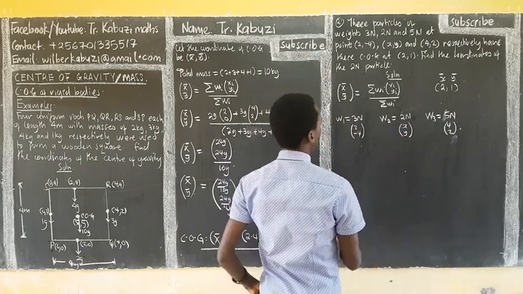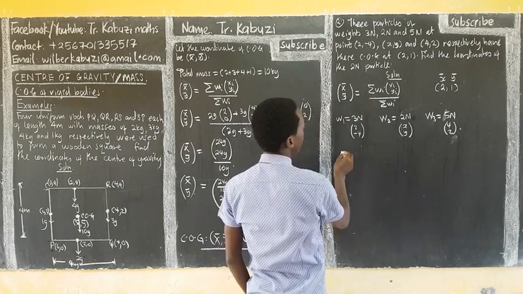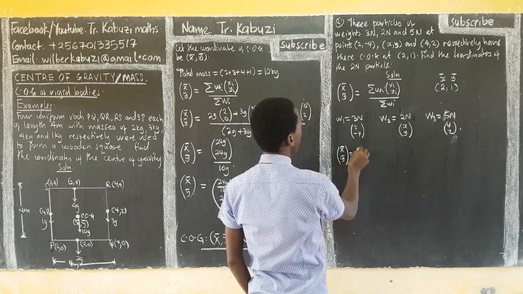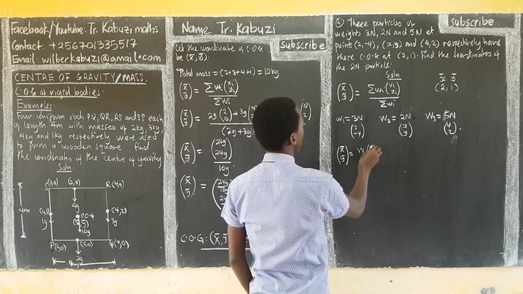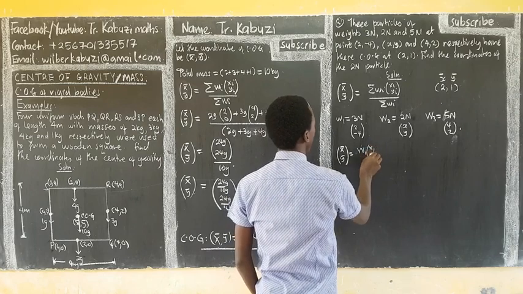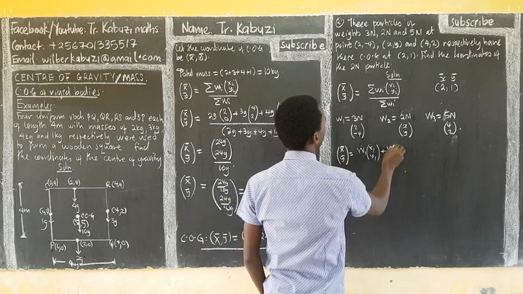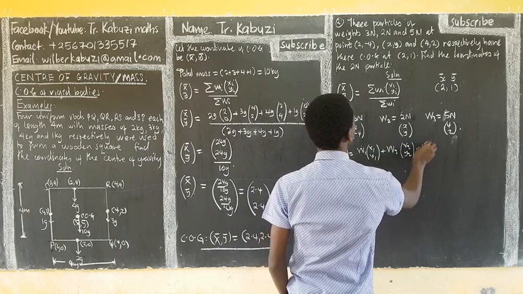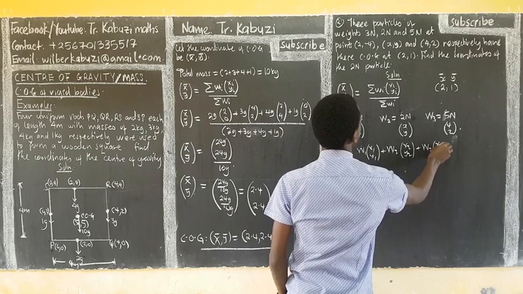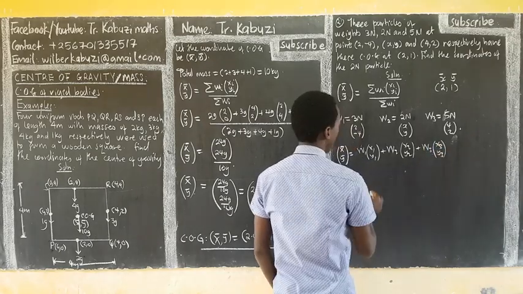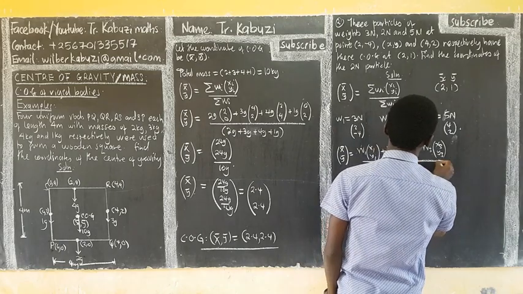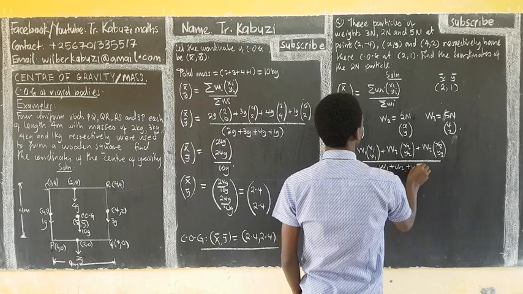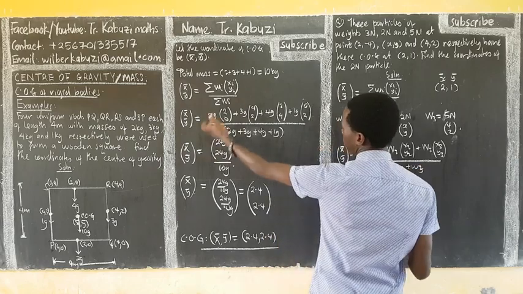So stating that formula, of course, we are going to have our X bar, Y bar equaling W1, its coordinates X1, Y1, plus W2, X2, Y2, plus W3, X3, Y3, all over the weights of these ones, W1, W2, W3. So this is the formula we've been using here.